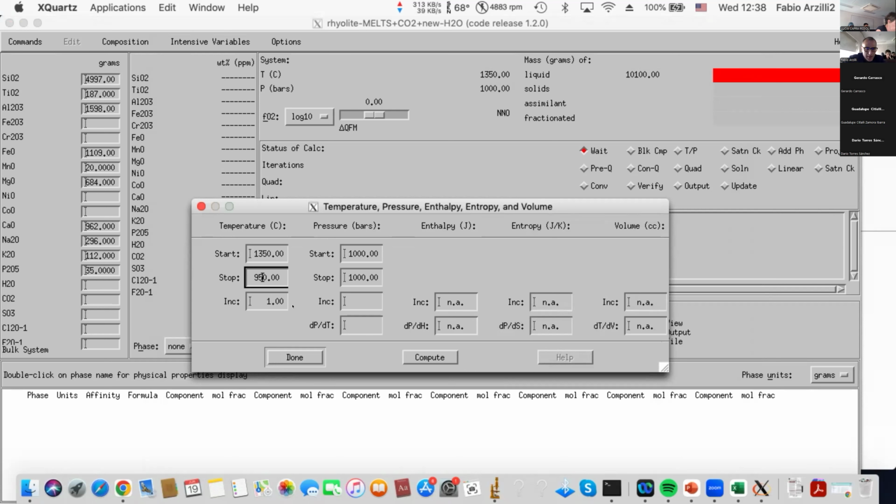We do a very wide range, we see what we get. 1350 and 950. Okay, we keep 1000, it's okay. 1000 bar. The increment every 1 degree.